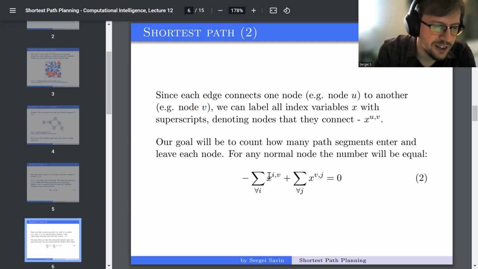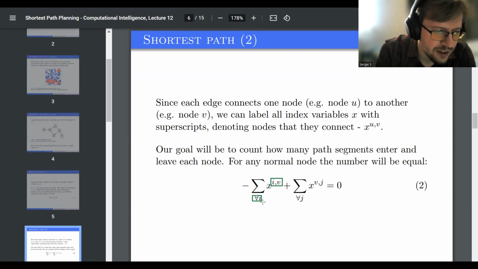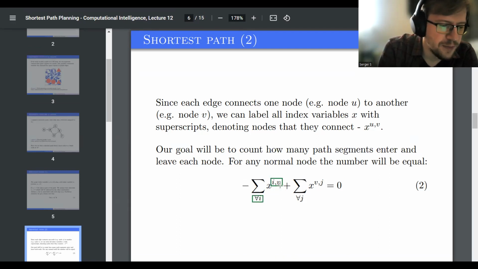what does this notation mean? Let's try to understand this. It means the sum of all path segments which lead to node v from any node i.